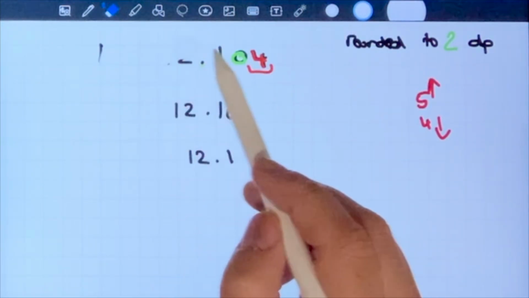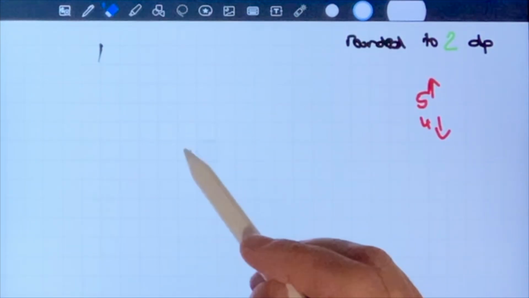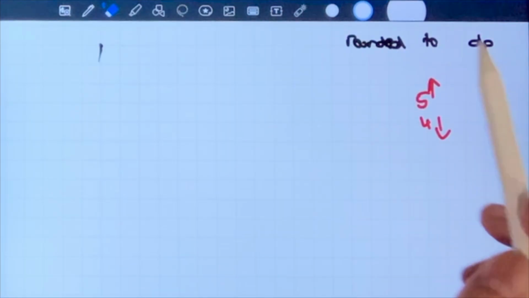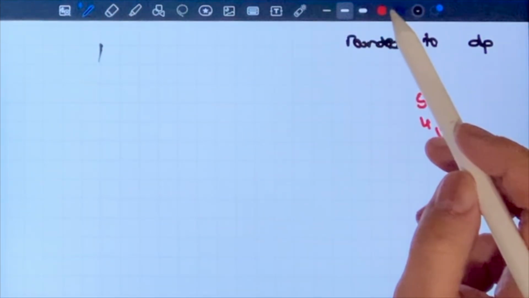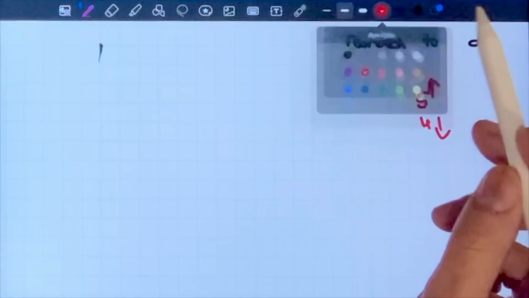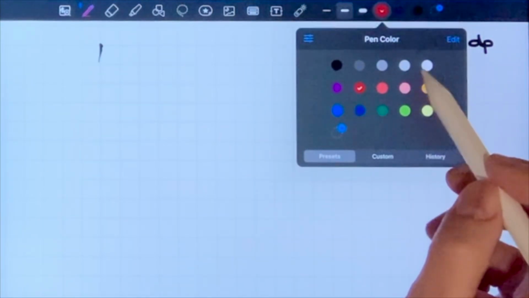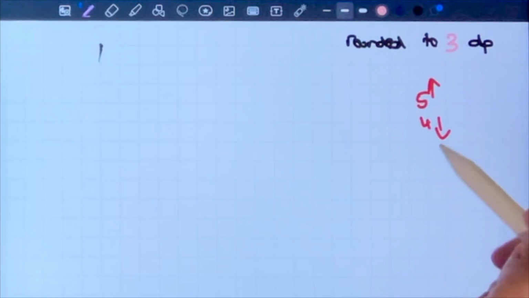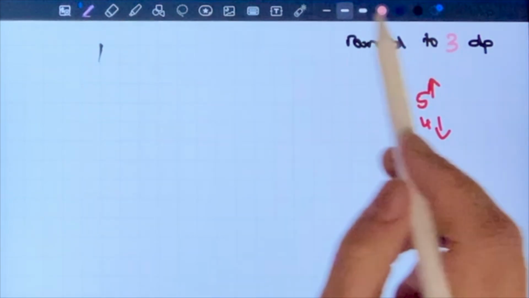Okay, now we're going to move on to rounding numbers to 3 decimal places.